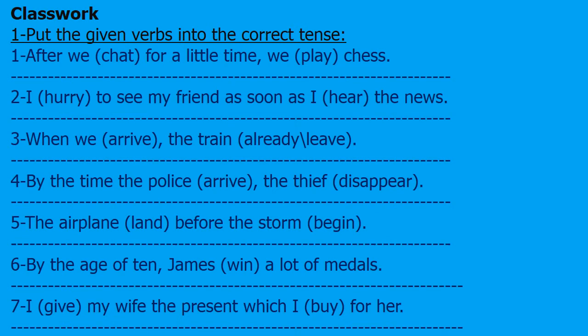Okay, number 4, by the time the police arrive, the thief disappear. By the time, B, letter number 2 in the English alphabet. Okay, so it will take action number 2. The sentence will be, by the time the police arrived, past simple, comma, the thief had disappeared.